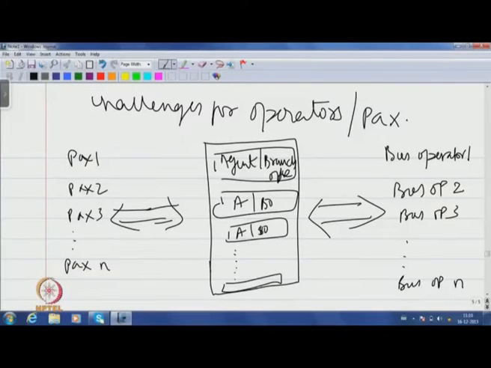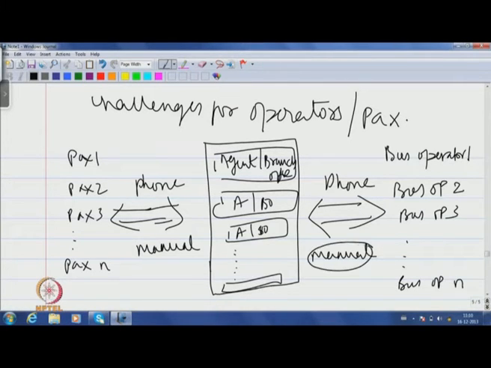Those were the growing pains that the industry started experiencing. Either it had to be through a phone, or you had to manually go and visit the agent's office or the branch office. And again, information was retrieved from the bus operators either through phone, very remotely, or manually, and at times if they are very close by, then even manual is possible.